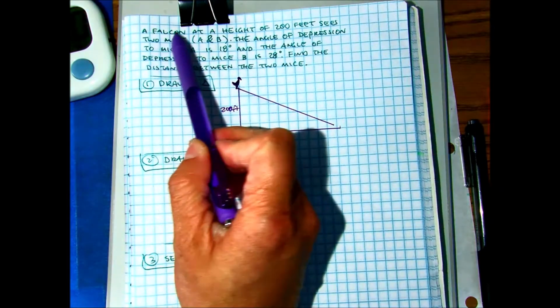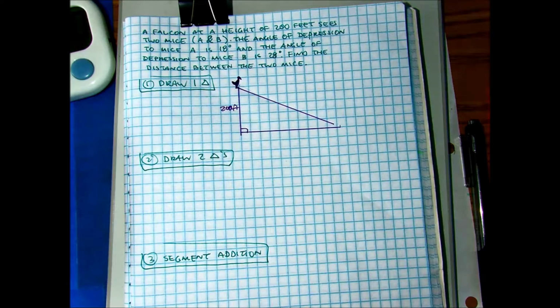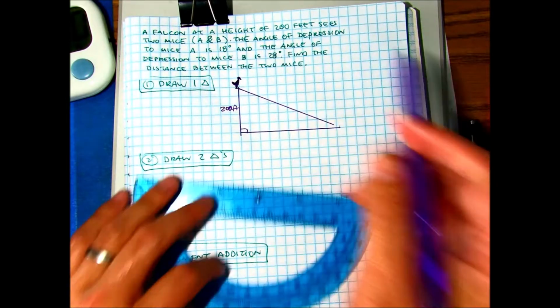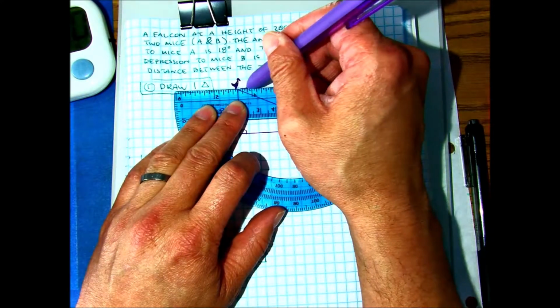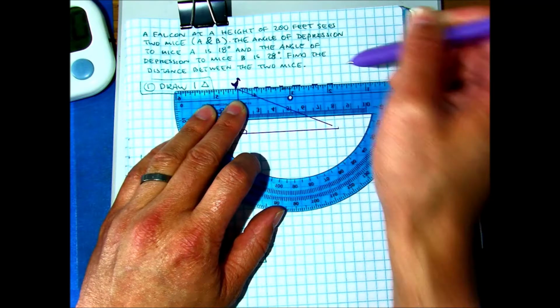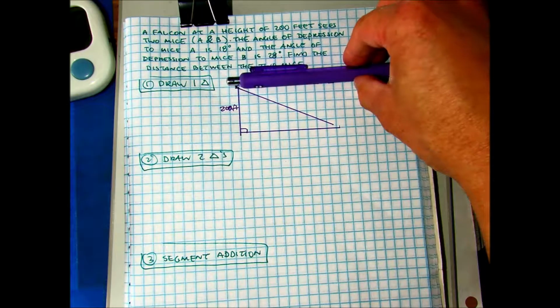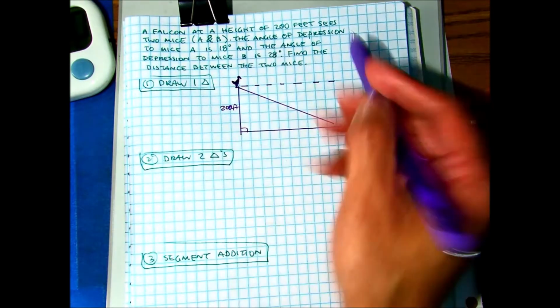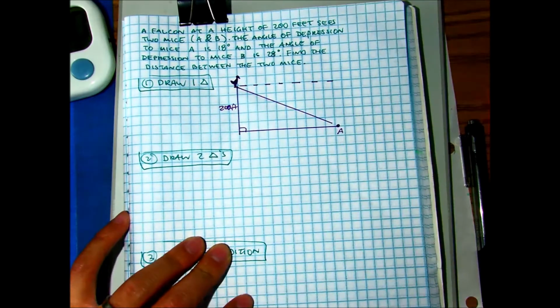The angle of depression, so here is the line of sight for the falcon. And the falcon looks down and sees mouse A.